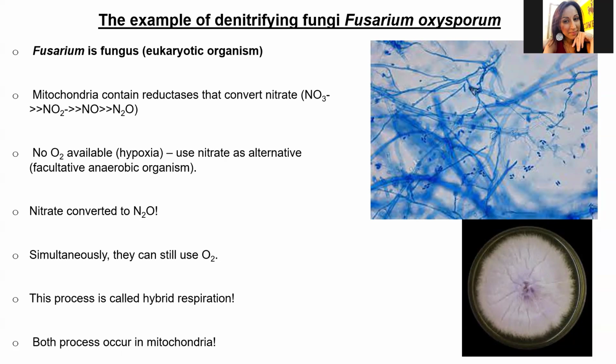Again, mitochondria, so bacteria associated with this organism are converting NO3 minus to all other nitrogen oxides, but they can still use oxygen. This is called hybrid respiration, and both processes are occurring in mitochondria. Now this makes me wonder, are they facultative aerobes or anaerobes? Which one would they prefer?